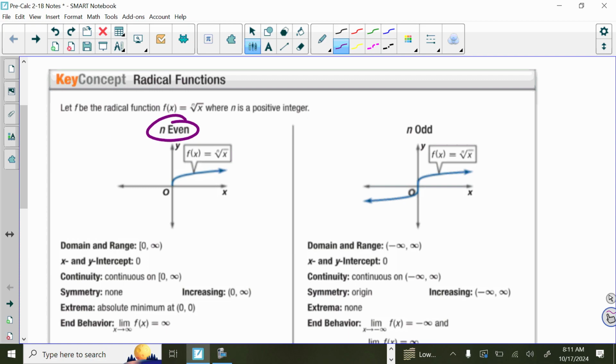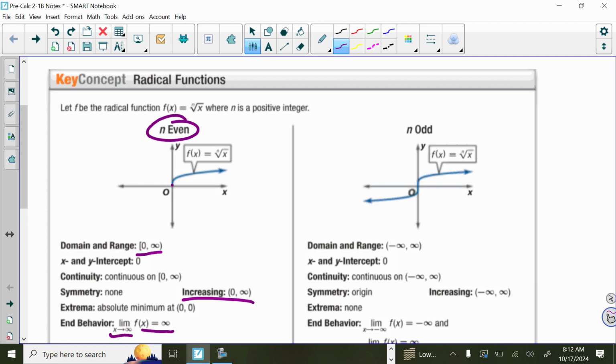Your domain is all positive numbers, and your range too, because it won't go below the x-axis or to the left of the y-axis. The x and y intercept is 0. It's continuous on the domain from 0 to infinity, with no symmetry. It's increasing the entire time, and you have a minimum. Your end behavior is getting larger and larger: as x approaches infinity, your range will also approach infinity.